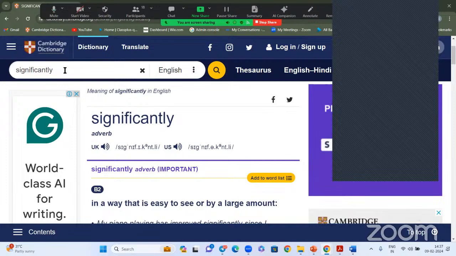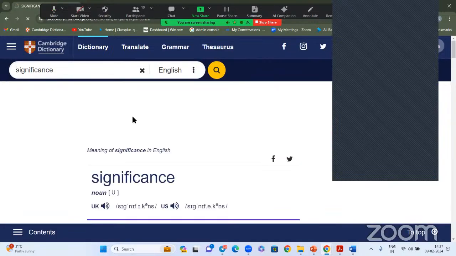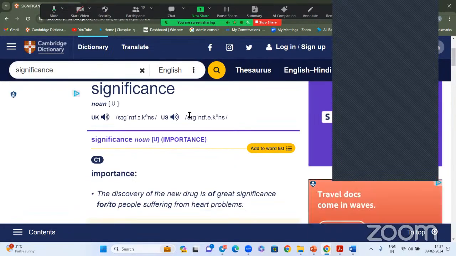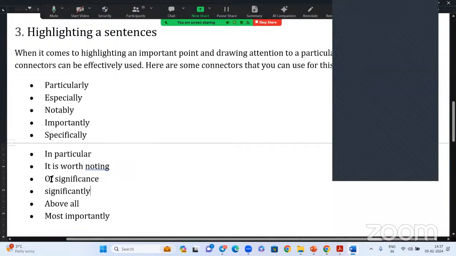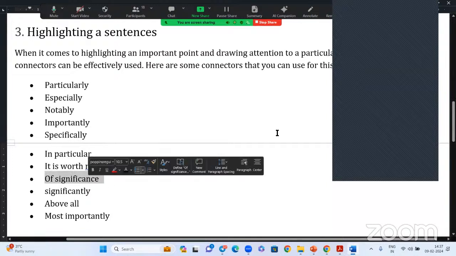So how can we improve this style? Significance is C1. So use significance or significant. Yeah, this is better. Significance is C1. Don't use significantly, use the significance. So what are the most important words? Use C1 and C2. Avoid the lower ones.